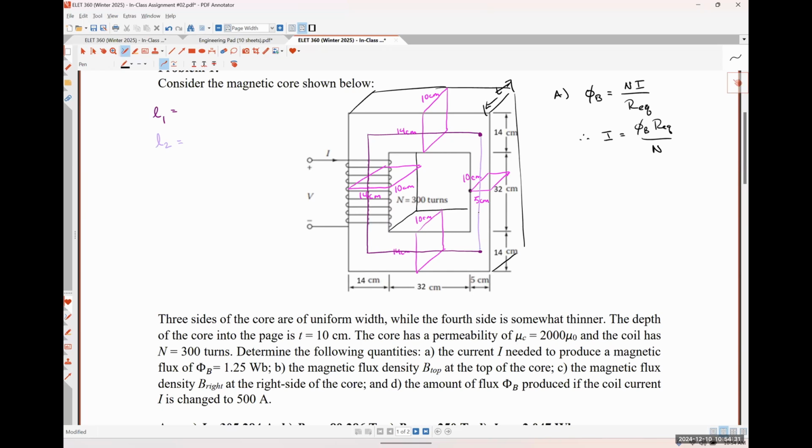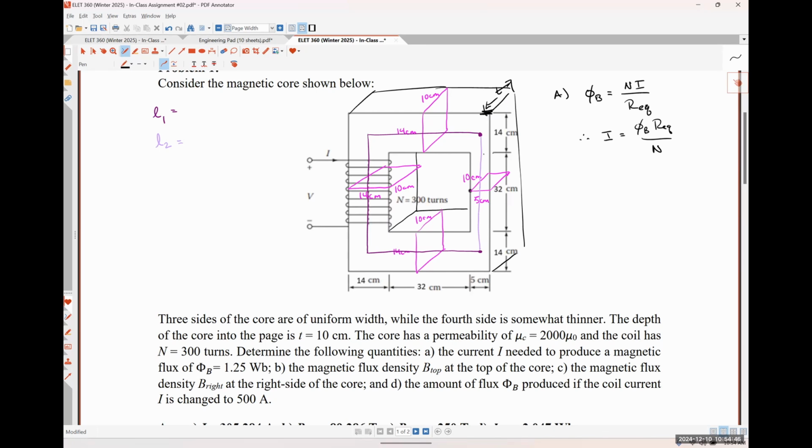Okay, so where you got 60 centimeters from taking this whole length from here to here, right? Okay, I would agree with that. I would have done it in a slightly different way, but it would have got the exact same result.